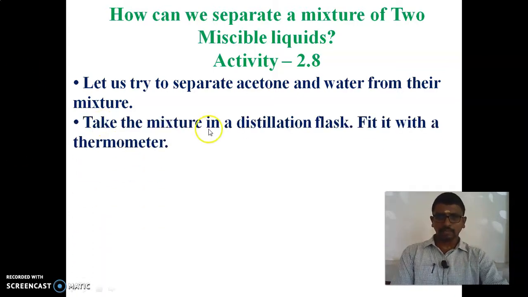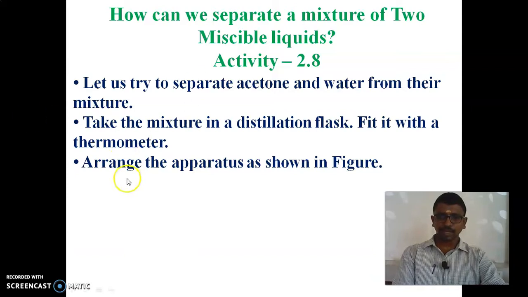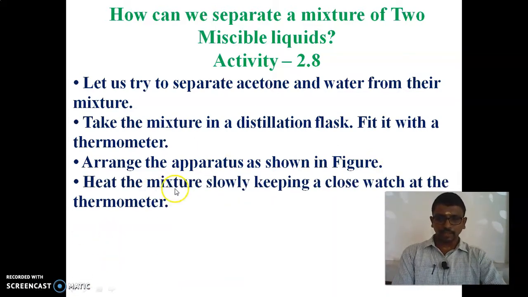Take the mixture in a distillation flask fitted with a thermometer. So we have to take the distillation flask and fit a thermometer to measure the temperature, and arrange the apparatus as shown in the figure. We will see the apparatus arrangement in the next slide. Heat the mixture slowly, keeping a close watch on the thermometer.